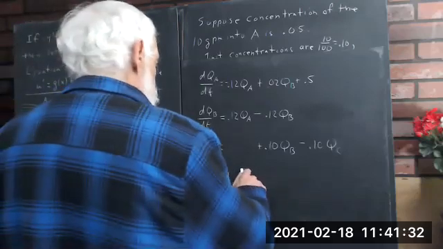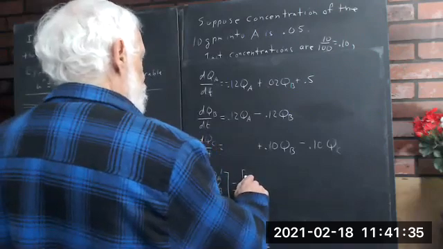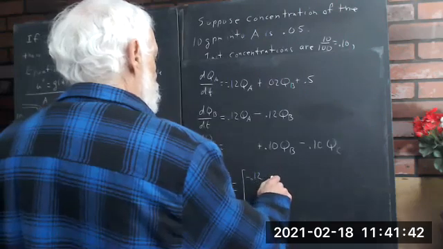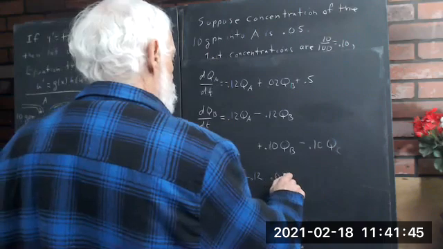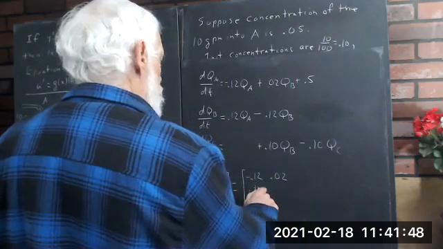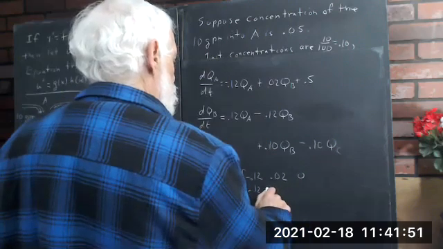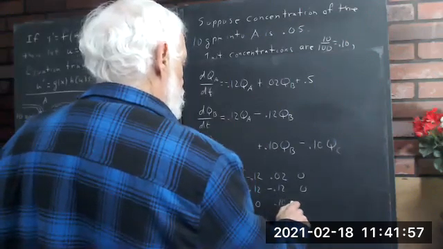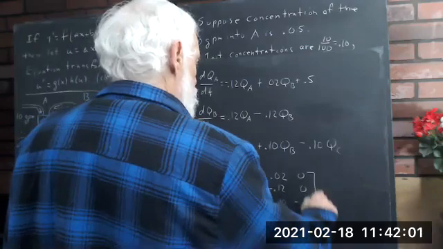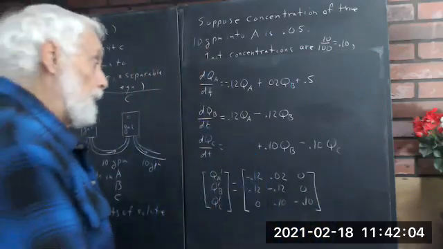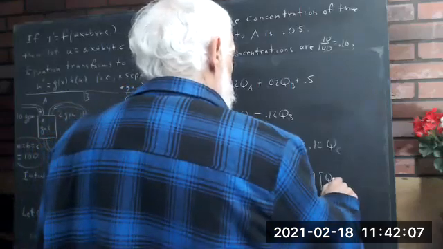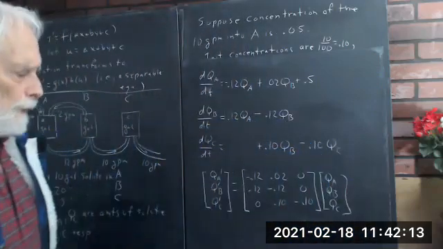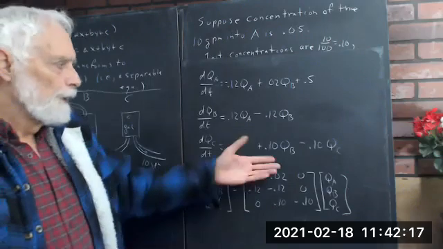In the right-hand side can be represented by this matrix multiplied by column vector QA, QB, QC.